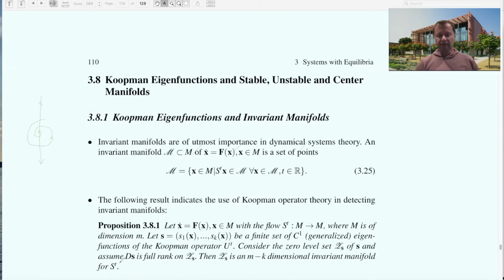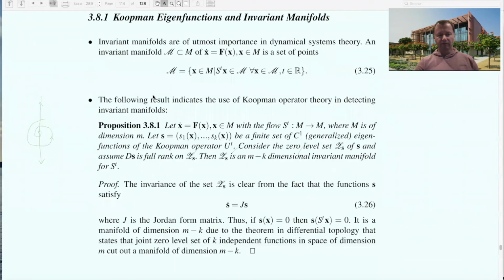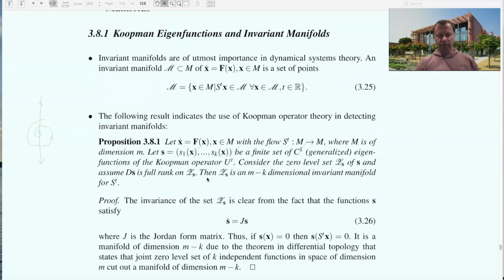It's a nice little result. It follows directly from differential geometry. The first statement that we need to make if we want to prove this is, first of all, the functions S satisfy S dot is JS, where J is the Jordan form matrix. That's just by the property of generalized eigenvalues and generalized eigenfunctions.